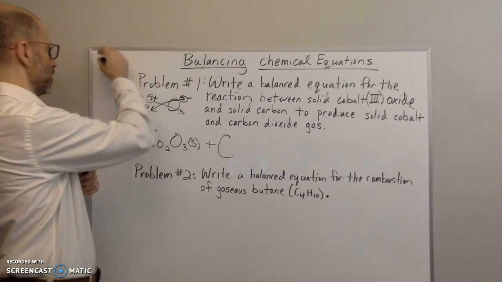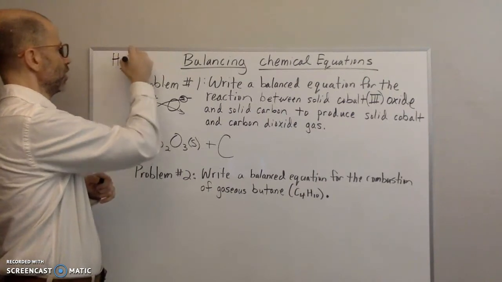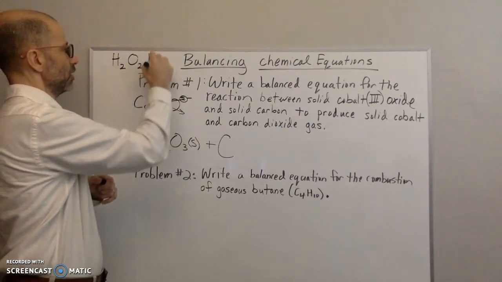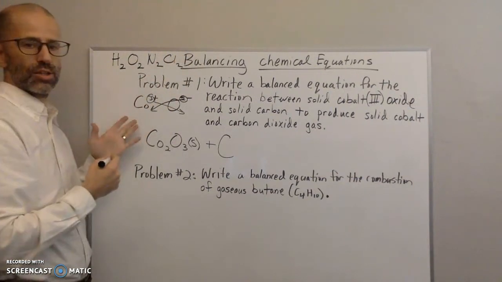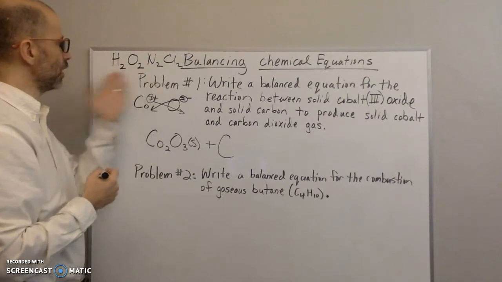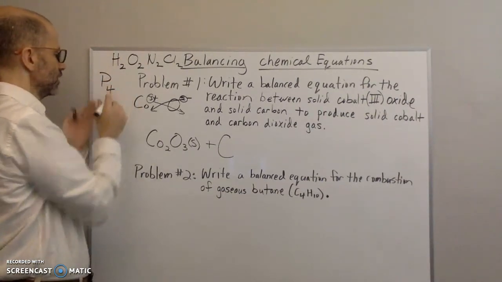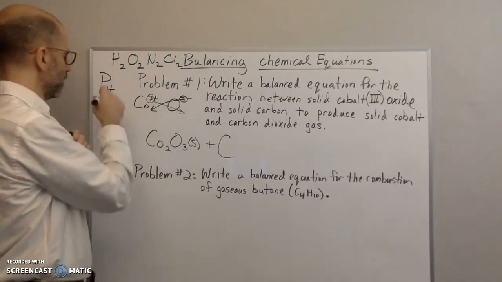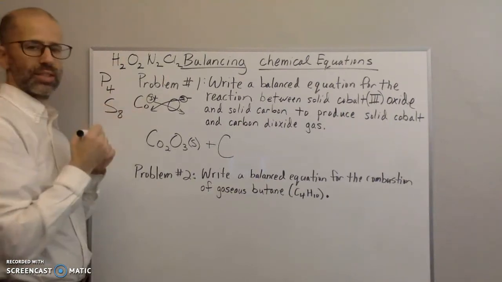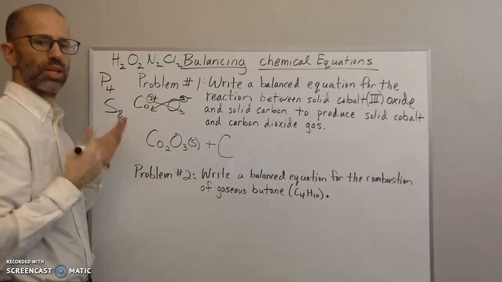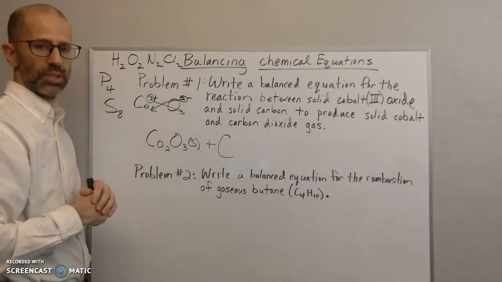Those would be the diatomic molecules like hydrogen, oxygen, nitrogen, chlorine, bromine, iodine, and so forth. So you've got 7 of the diatomic ones. And you also have phosphorus, which exists as P4 in the elemental state, and sulfur, which exists as S8 in the elemental state.